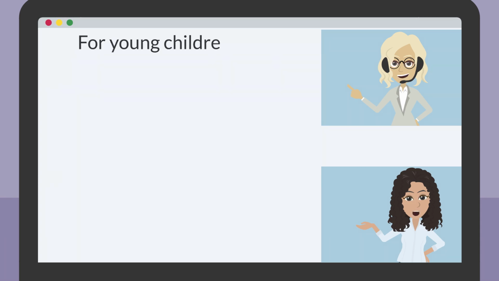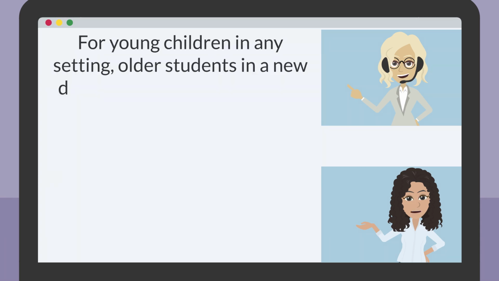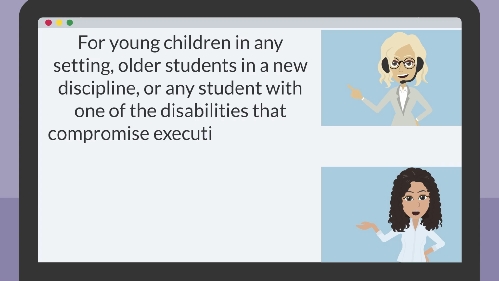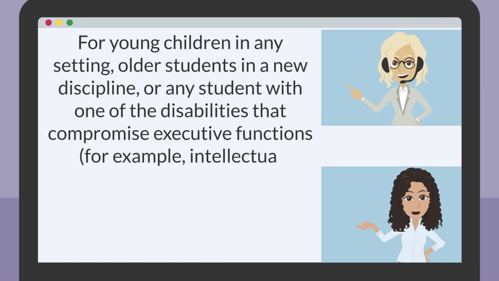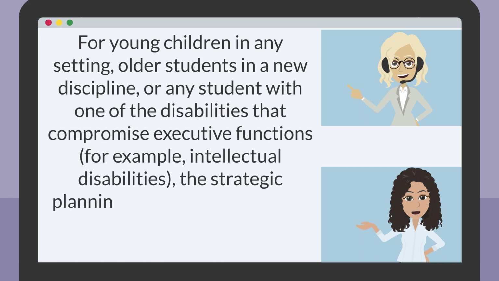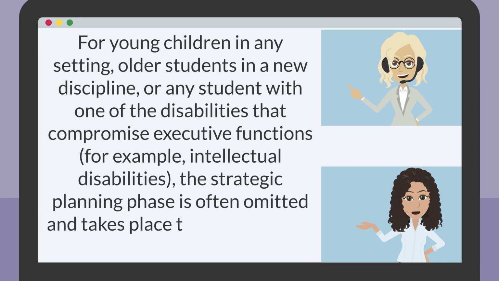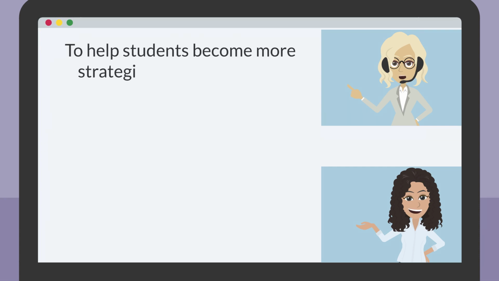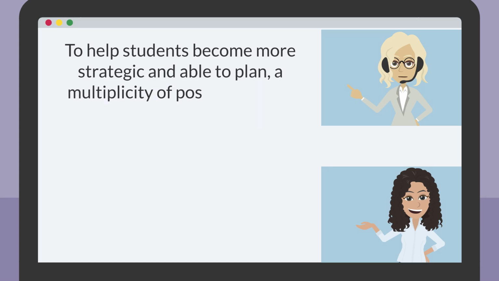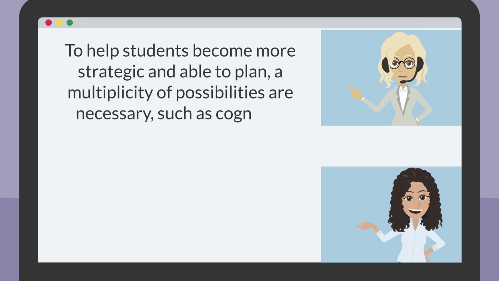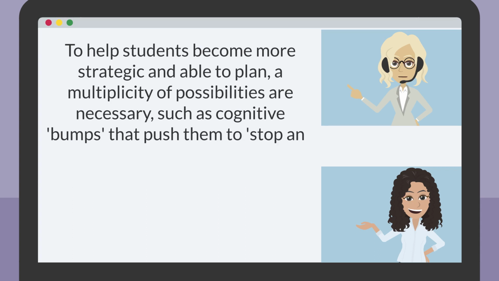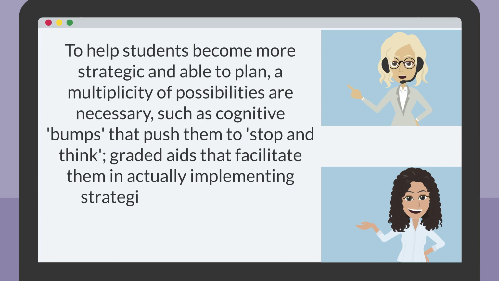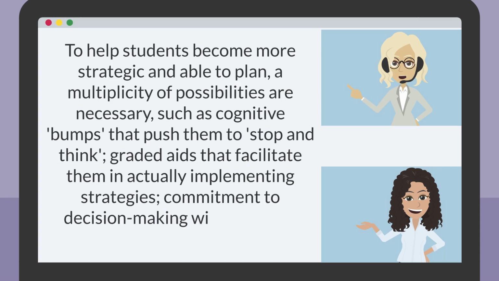For young children in any setting, older students in a new discipline, or any student with one of the disabilities that compromise executive functions, for example, intellectual disabilities, the strategic planning phase is often omitted and takes place through trial and error. To help students become more strategic and able to plan, a multiplicity of possibilities are necessary, such as cognitive bumps that push them to stop and think, graduated aids that facilitate them in actually implementing strategies, and commitment to decision-making with the guidance of competent tutors.